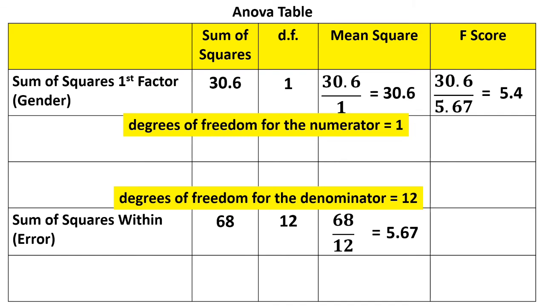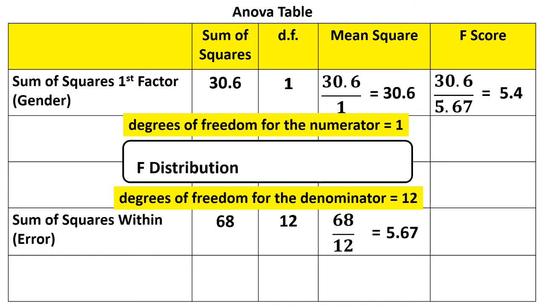Now to write the result: F distribution, F(1, 12) = 5.4, which is the F-score. Then I'll write P < 0.05 because we are going to test it using the 95% confidence level. Now let's bring up the table for the 95% confidence level.